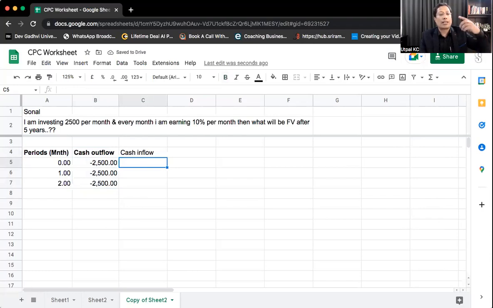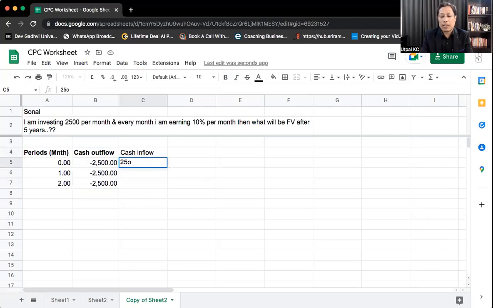What will it be after 5 years? 5 years means 60. Now what is the cash inflow? Practically, I am investing in the share market, so 250 is the cash inflow.